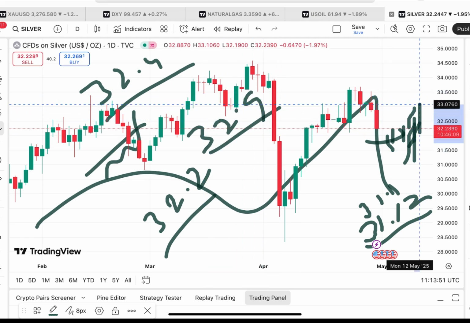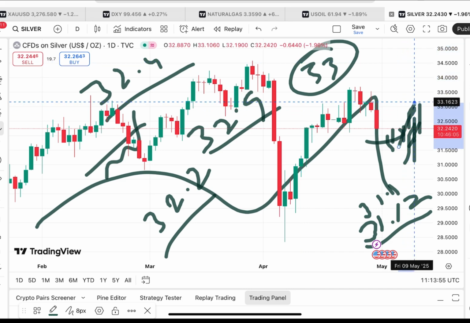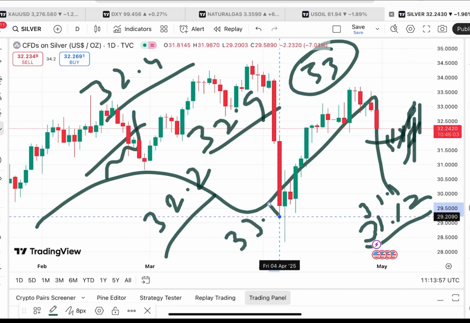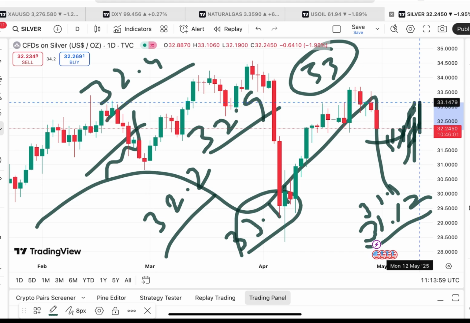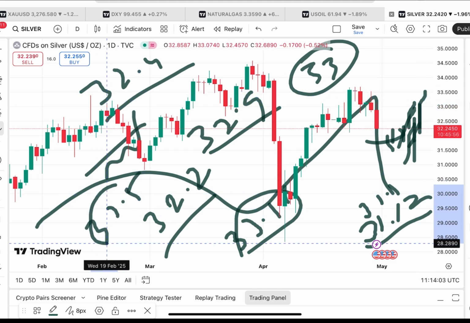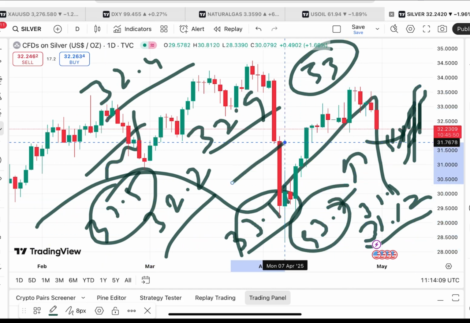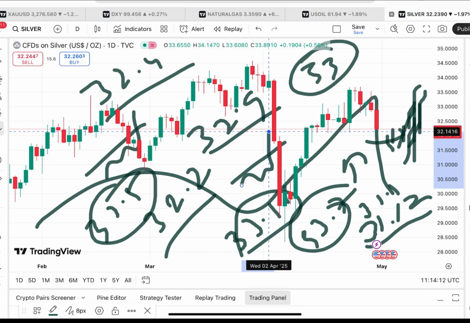If the price moves over that level, there is a chance of touching 33, and once the price moves over that level, a chance of touching 33.160, and then a further upside towards $33.5. If the price sustains above that level, there is a probability of going towards 33.7, and then a further upside, and this level is already tested, so chances of going further upside will be there.